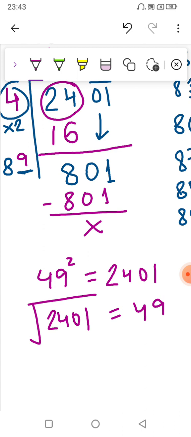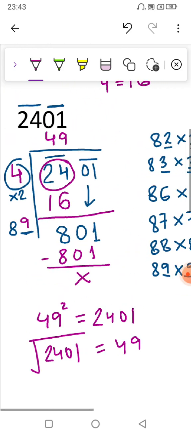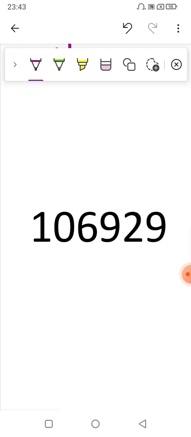Now we are going to solve another sum of the same nature. See, we have got this question. The number is 106929. Once again, what we are going to do is first start making pairs from the right, move towards the left, and we will make pairs of 2 digits each. So see, the first pair that we've got is 29, then 69, and then 10.